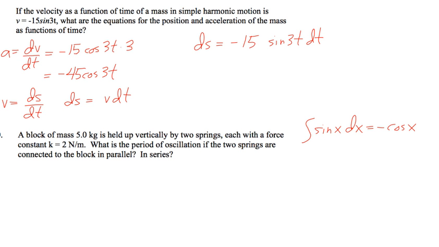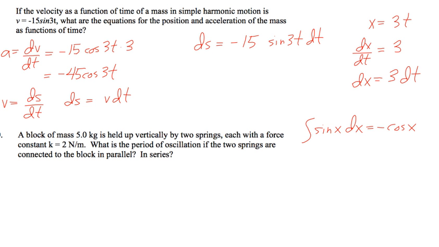If you look at my problem up here, x is 3t. So dx/dt is going to equal 3. I want it to look like sine x dx, so what I need in my integral is dx. If I bring the dt over, I get that dx equals 3 dt. So I need a 3 that I don't have yet.